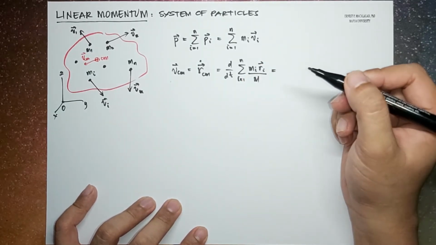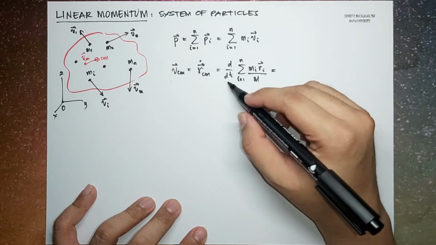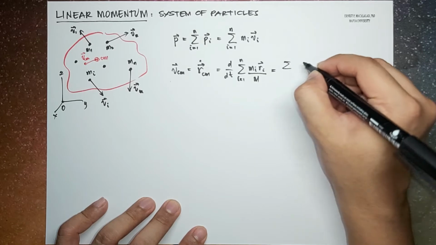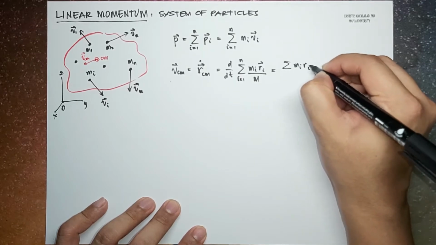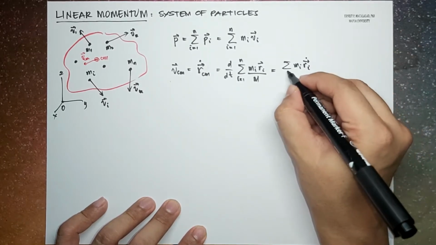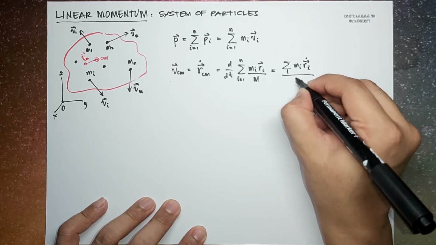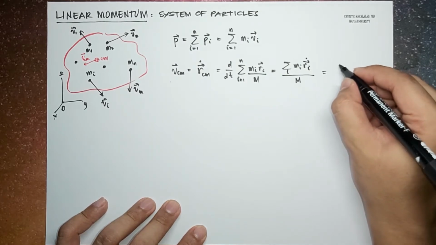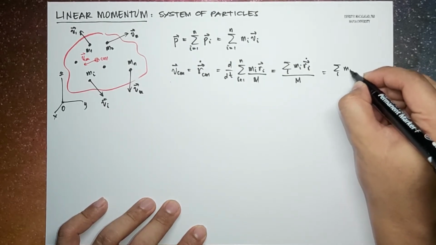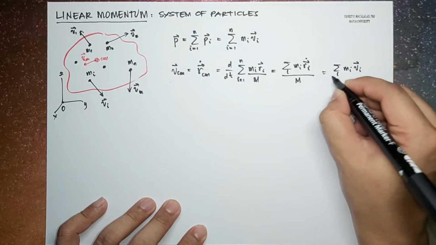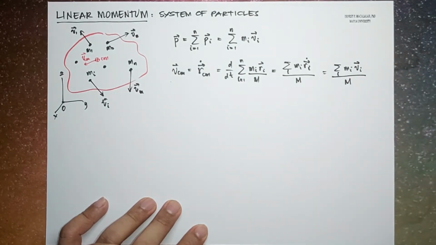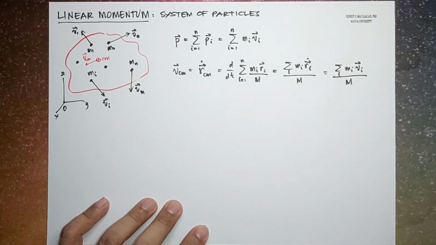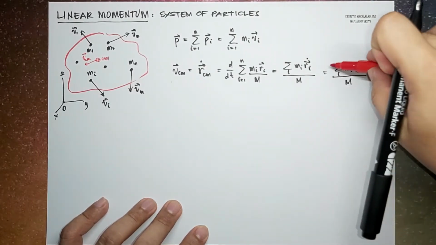Because mi and capital M do not change with time, this is actually equal to the sum of mi times ri dot for all i divided by the total mass, or the sum for all i of mi vi divided by capital M. So this is now the velocity of the center of mass.